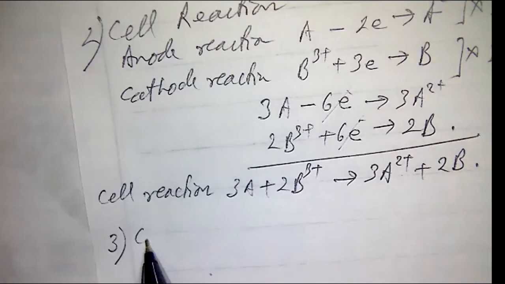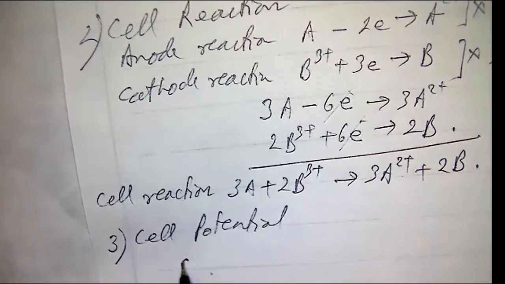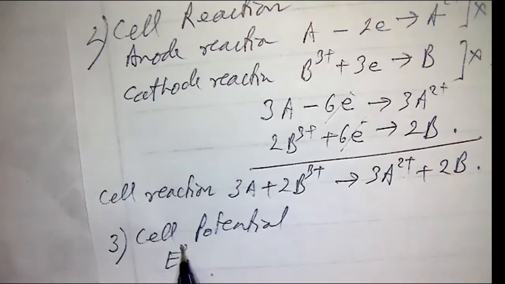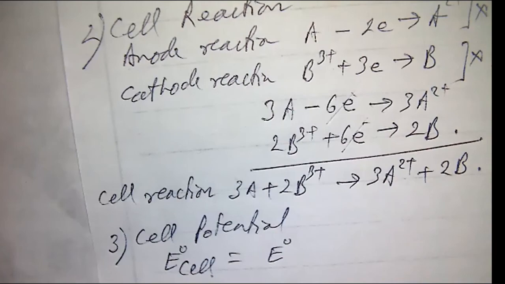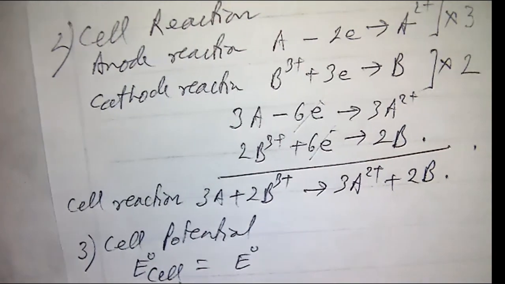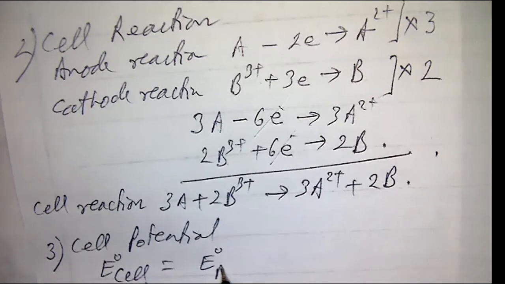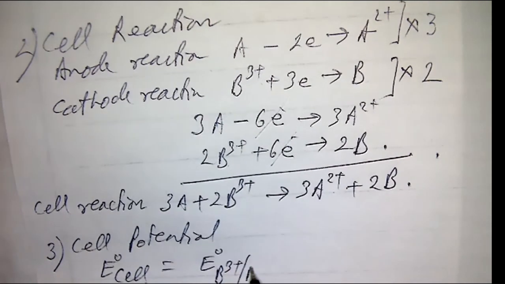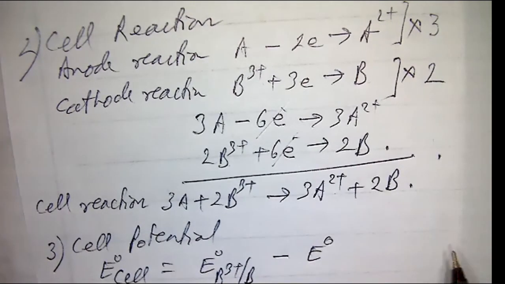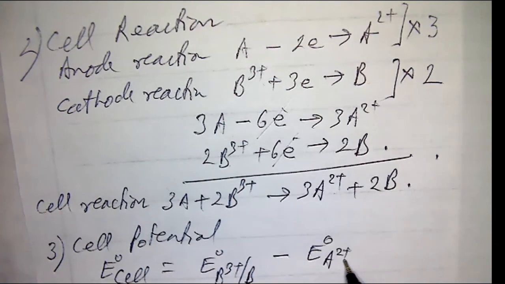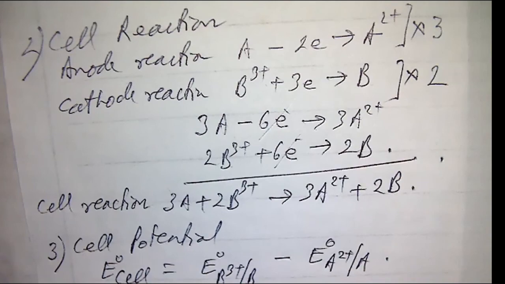What is it? Cell potential. How do you find out? E naught cell equals E reduction of cathode minus E reduction of anode. What is the cathode? Cathode is B, so B3 plus slash B, minus E reduction of anode, the anode is A2 plus slash A. The values are given only, isn't it?